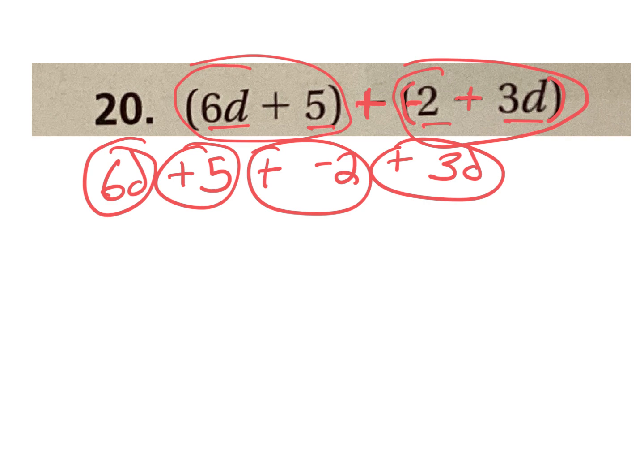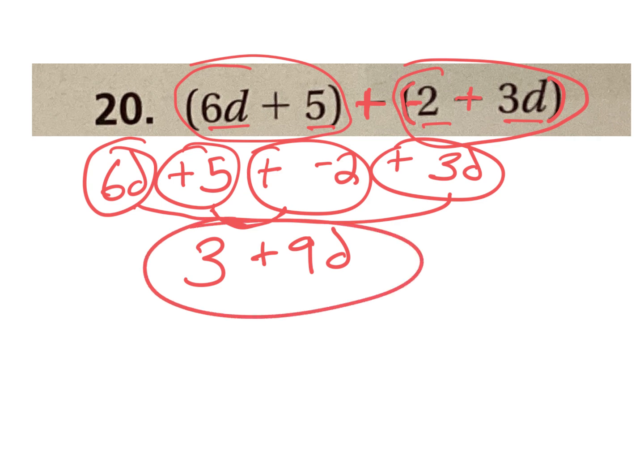Let's do my like terms. I have a positive 5 plus a negative 2. That would be a 3. And then if I add 6d to 3d, that gets me plus 9d. Okay.